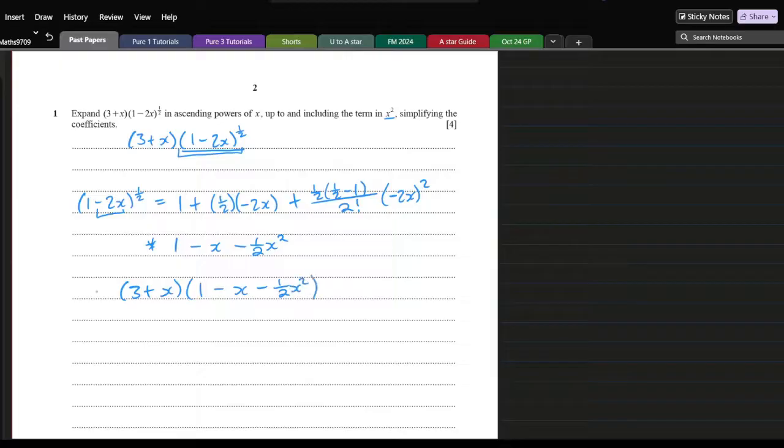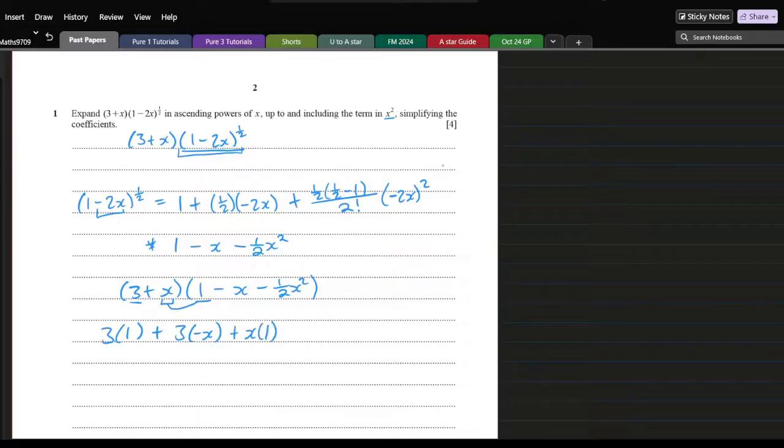And now we want to expand these two brackets up to and including the term in x squared. Alright, so we can start by multiplying the 3 by 1 to get the term independent of x, and then 3 times negative x, that's the term in x. We can also get the term in x by multiplying x by this 1 over here, so that's plus x times 1.